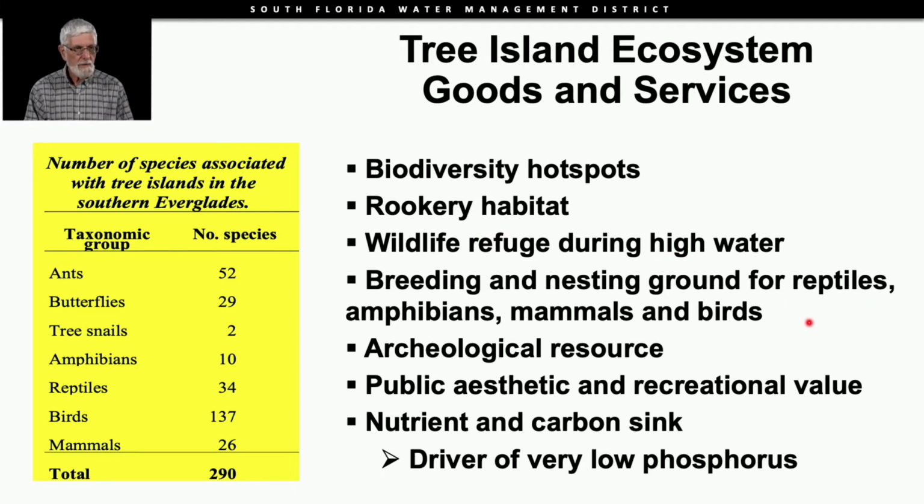They're an archaeological resource. They're also a Native American resource for ritual type of interactions. They're aesthetically pleasing. They have recreational value. And one of the things that I'll get into a little bit later is they might actually be responsible for keeping the phosphorus low in the Everglades.